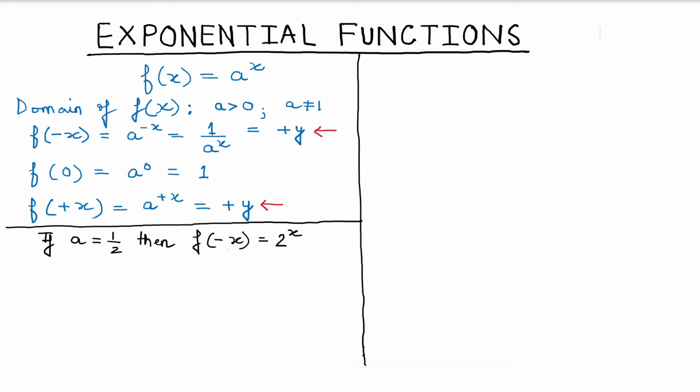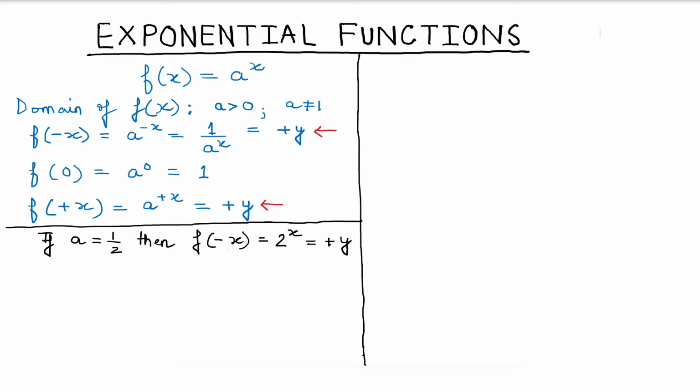So once you keep on inputting the negative values of x, the answer here will always be positive. For example, if you input x is equal to minus 1, the answer would be 1 by 2.